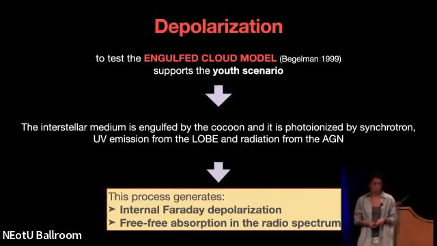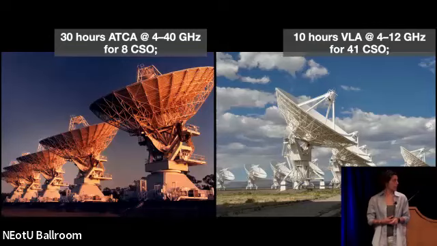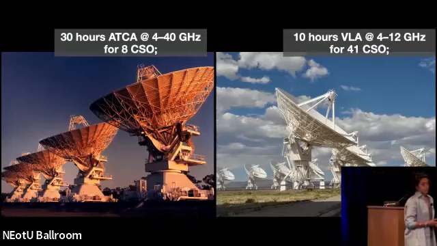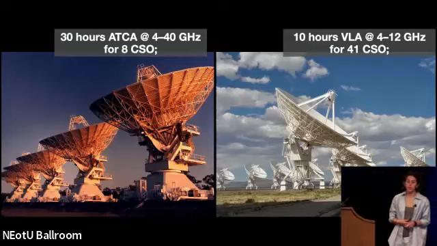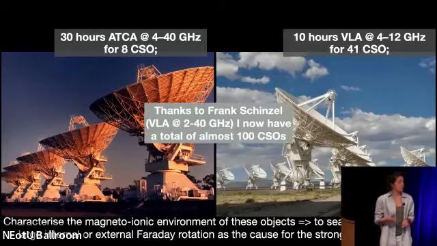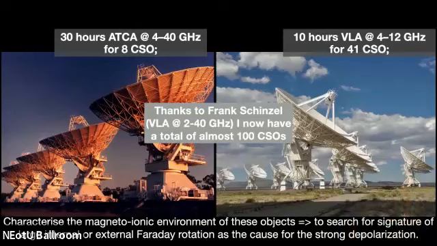So we got 30 hours with ATCA from 4 to 40 gigahertz for 8 CSOs in the south, and 10 hours with the VLA from 4 to 12 gigahertz for another 40 CSOs. But thanks to Frank Schinzel, I got many more sources.